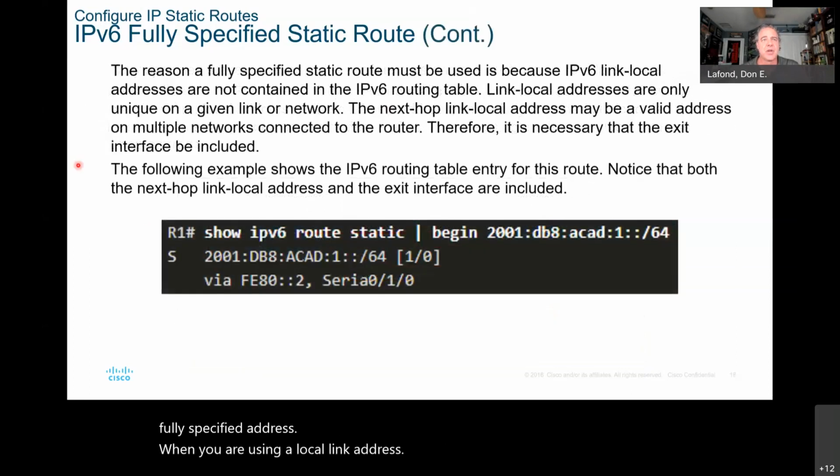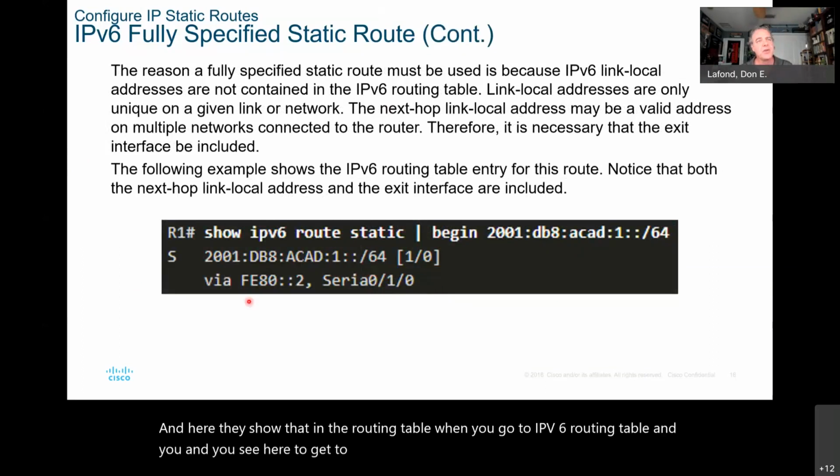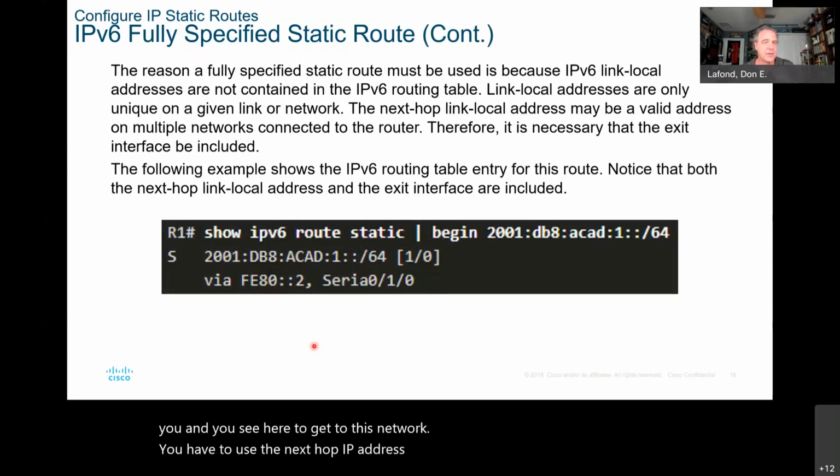And here they show that in the routing table. When you go to the IPv6 routing table, you see that to get to this network, you have to use the next hop IP address of FE80::2 out your serial interface.